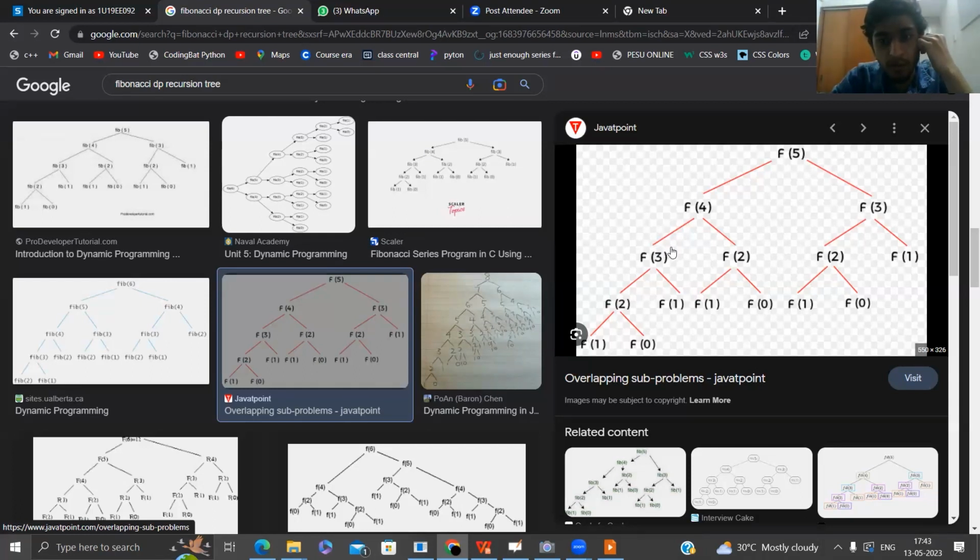Another subproblem that exists is Fibonacci of 3, which I calculate over here and again over here. So right now, just understand that in recursion, there exist overlapping subproblems that expend time and computation power, right? We do not need to do these useless computations once again, if at all we have calculated it beforehand.